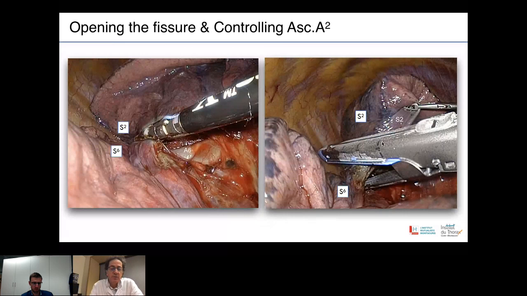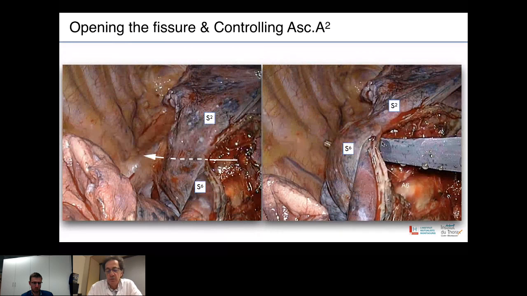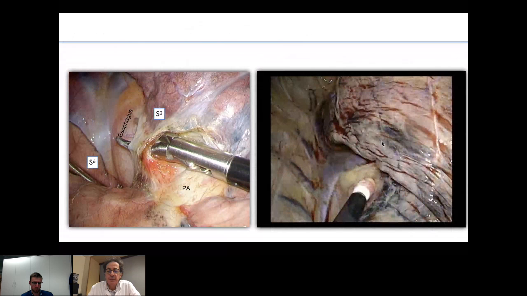Once you have made the fissure shorter, you have a better view of the posterior mediastinum and pass this dissector like this, always keeping an eye on the esophagus. On the right hand side, you have clips that summarize the way it's done. So you open the posterior mediastinum like this.